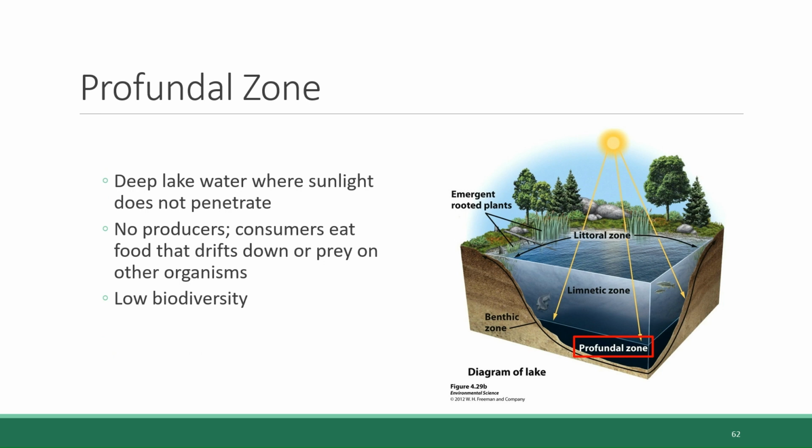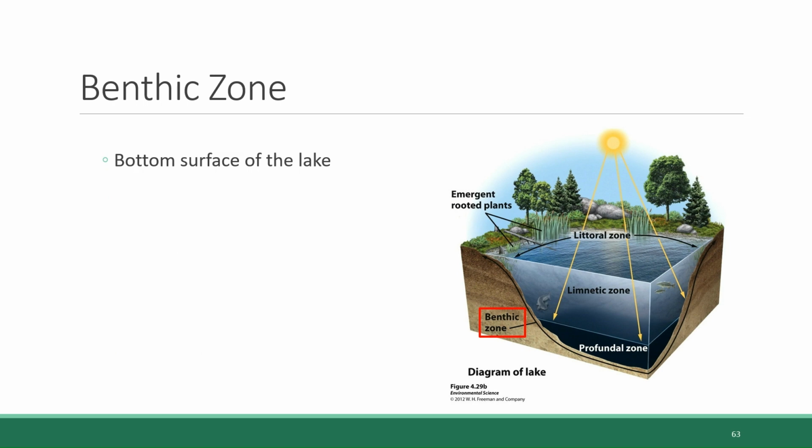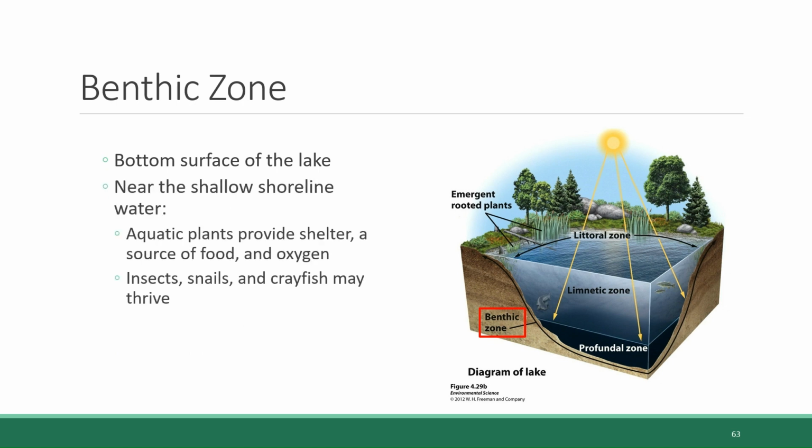And then finally, that brings us to the benthic zone, the very bottom of the lake, which again shares its name with the marine biome of this space. Benthic zones are the bottom surface of the body of water, and what this biome looks like depends on its depth. Near the shoreline, where the water is shallow, the bottom surface is home to a diverse array of organisms because aquatic plants are growing in this area and they provide shelter, a source of food and oxygen.